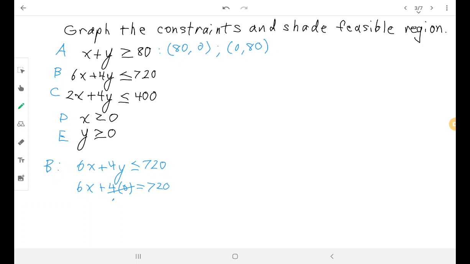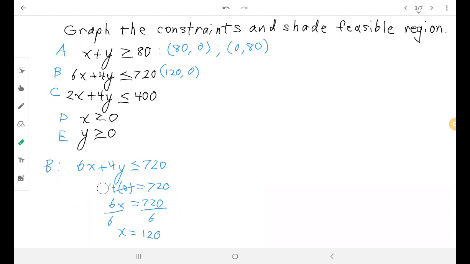We can ignore that because 4 times 0 is 0, and so we've got 6x plus 0, right? So we have 6x equals 720. Then we divide by 6 on both sides, and that'll get us x equals 120. I do believe, yeah. So one of our points is an x value of 120, a y value of 0.